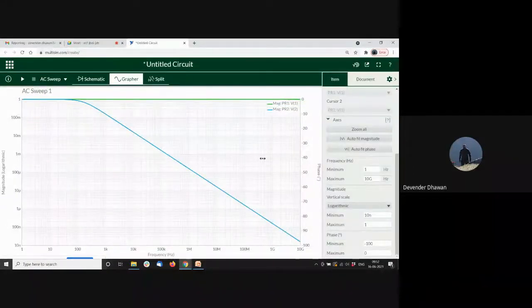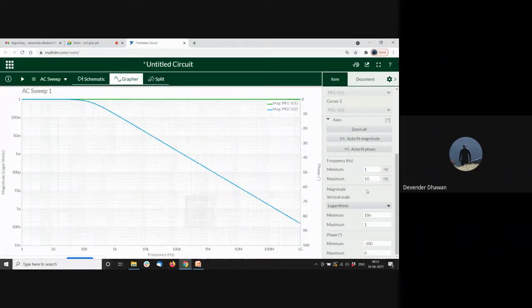And if you want to change some parameters for the AC sweep, like right now we did the analysis from 1 hertz to 10 giga. If I want to do it to just 1 giga, I can change it here.